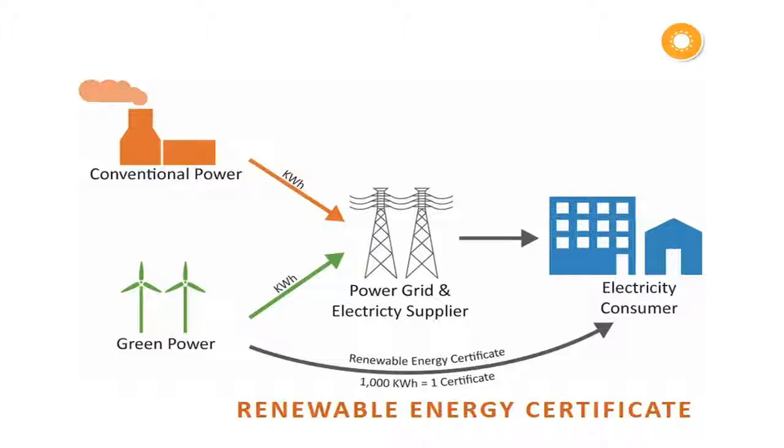But what you can do is consider those two equal the minute they hit the power grid, but then measure the green power as it's being put into the grid and generate these renewable energy certificates. Now, what this does is it essentially decouples the environmental benefit of green power from the energy itself and allows these RECs to be purchased and resold potentially as a commodity completely separate from the green power itself.